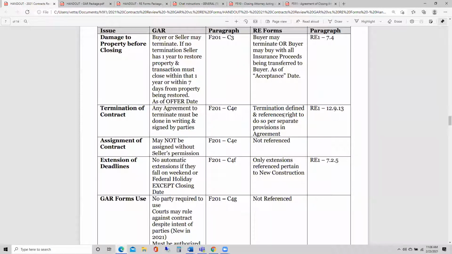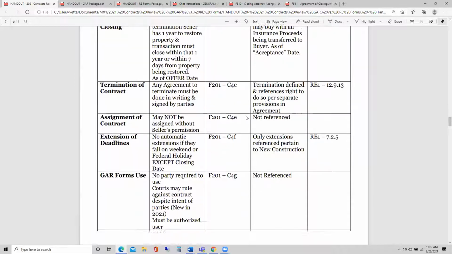It just defines termination rights with respect to doing so within a given contingency. For example, it talks about notices, timeframes, and in writing to terminate under the buyer's right to terminate under that paragraph. It talks about in writing notices and timeframes and signatures if a buyer is terminating under a financing contingency under that section. It's not a whole separate section. It's contained within the provision to do so.